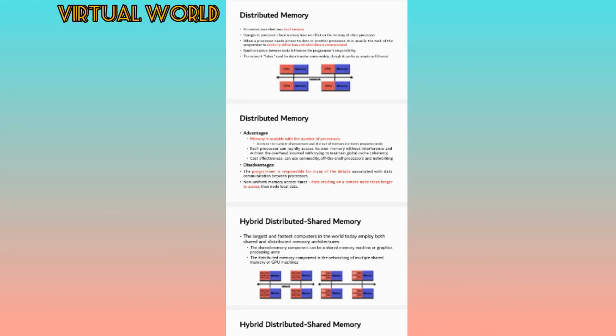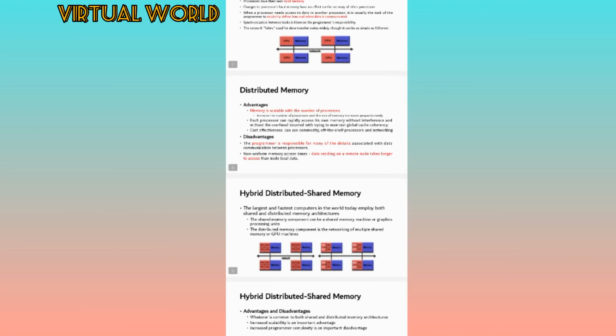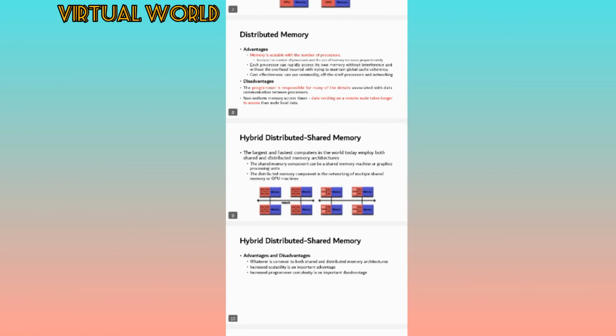When a processor needs access to data in another processor, it is usually the task of the programmer to explicitly define how and when the data is communicated, which is difficult. Synchronization between tasks is likewise the programmer's responsibility, and the network fabric used for data transfer varies widely, though it can be as simple as Ethernet. What are the advantages?